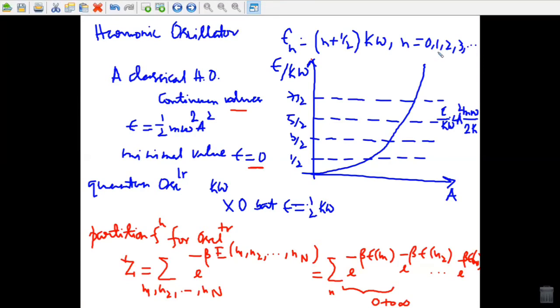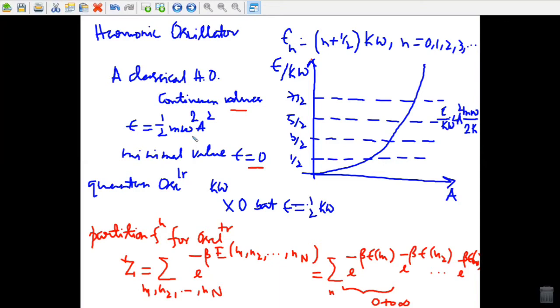So note that all the values of epsilon n are positive, just as for a classical oscillator, but this is where the similarity ends. The amplitude A of a classical harmonic oscillator can take a continuum of values, and hence its energy epsilon, equal to half m omega square A square, takes a continuum of values starting from the minimal value epsilon equals 0.